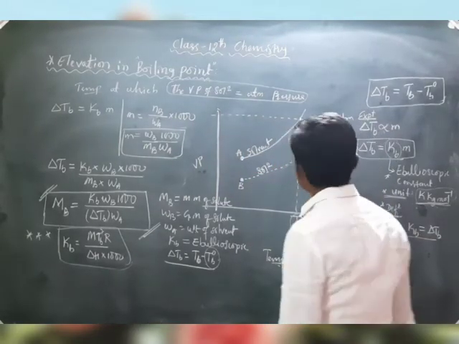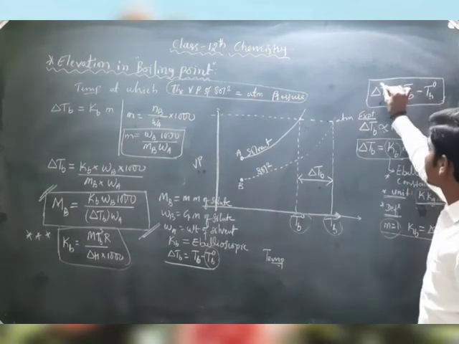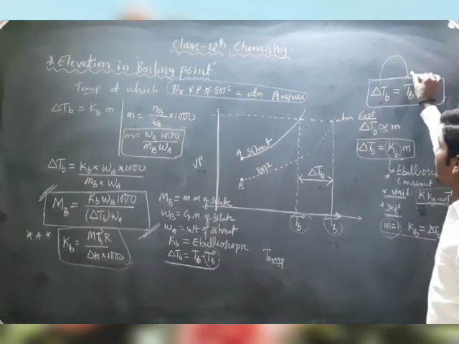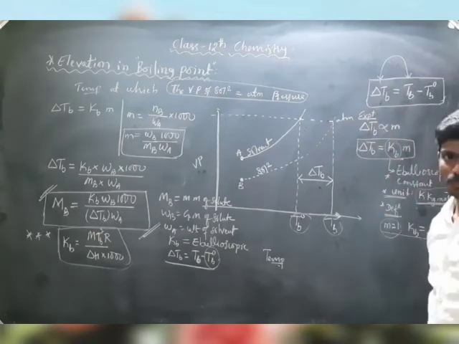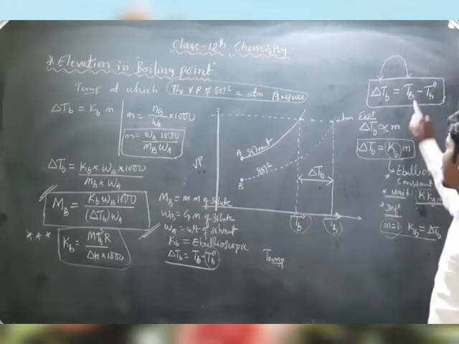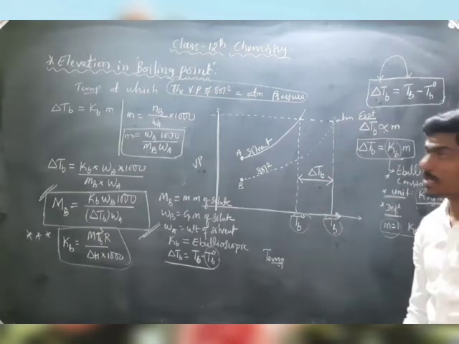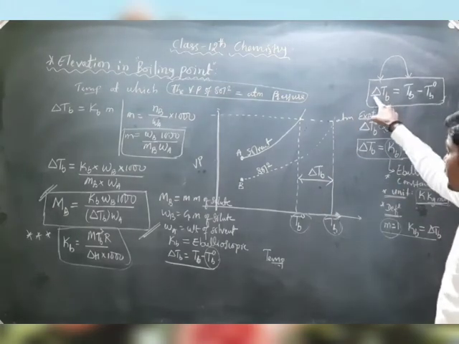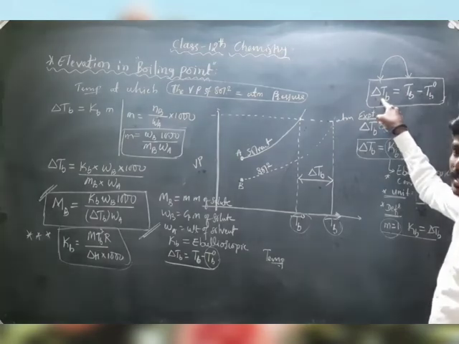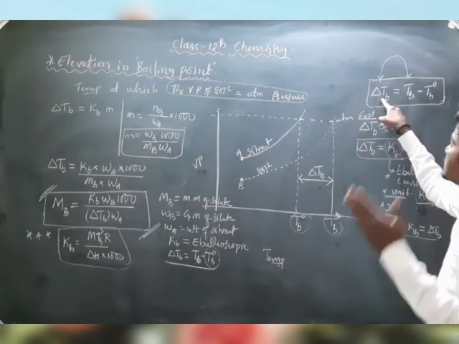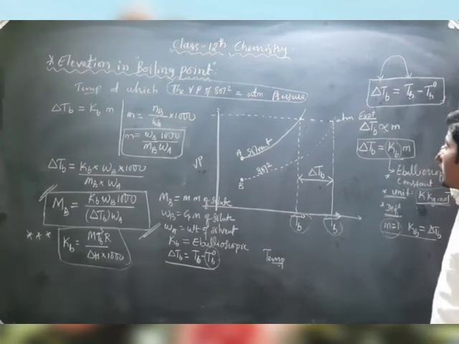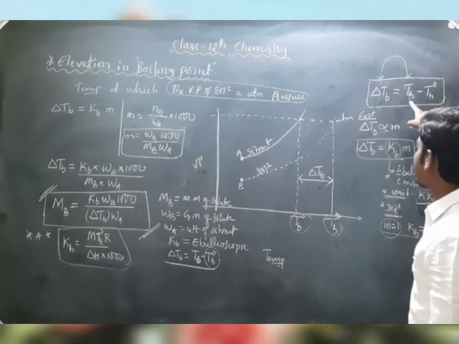Now, how are these two related? What is the relation between TB and delta TB? Here TB is equal to delta TB plus T0B. So as the difference value increases, that is, elevation in boiling point increases, the boiling point of solution also increases.